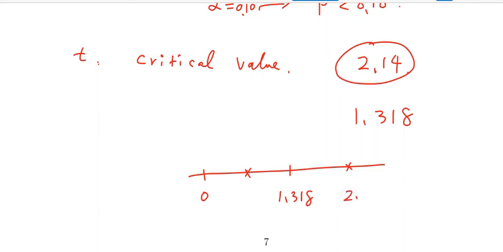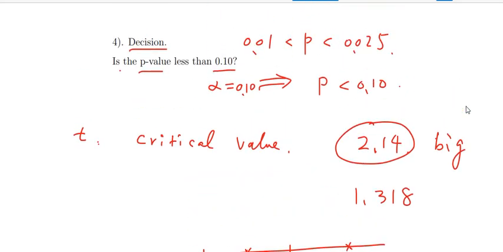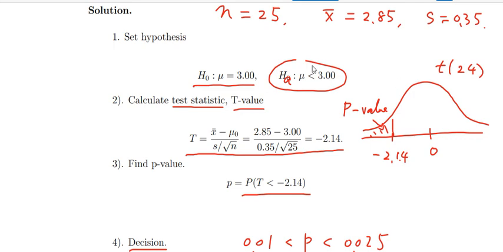So 2.14 is a big number. This big number means the difference is big. If the difference is big, we can support this and reject their claim.